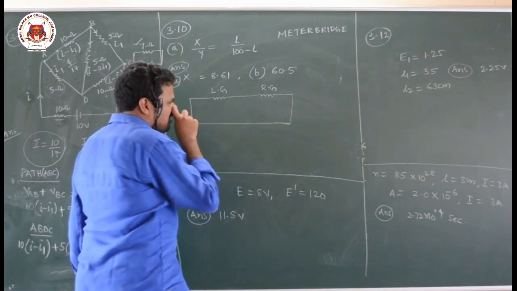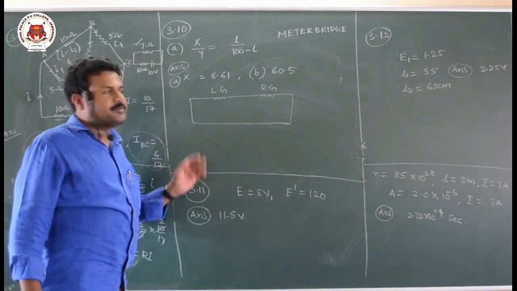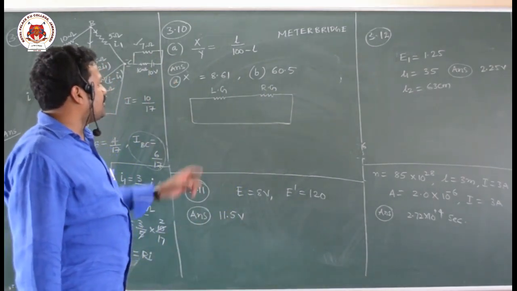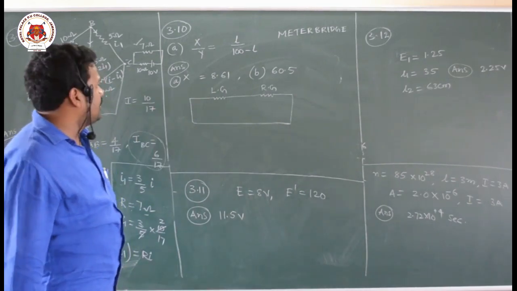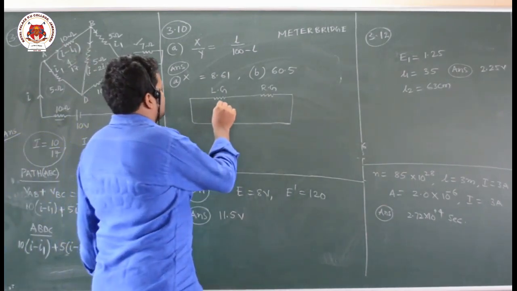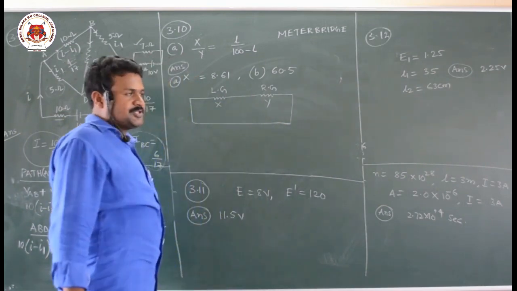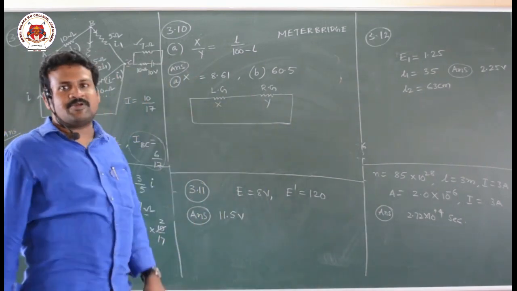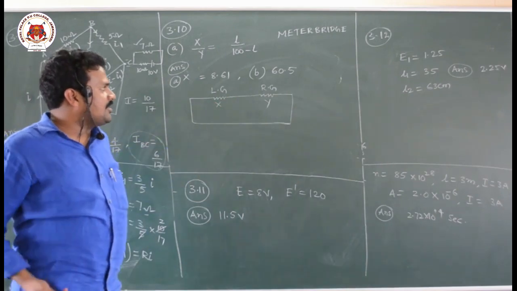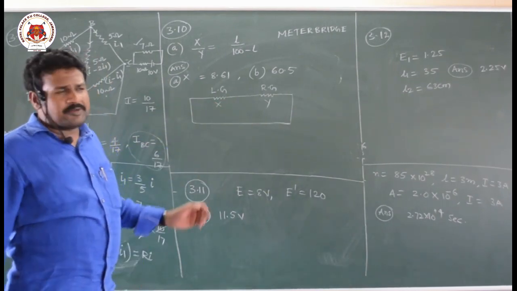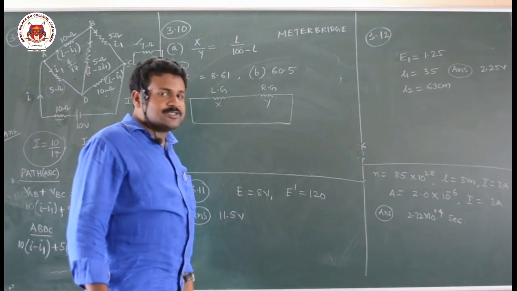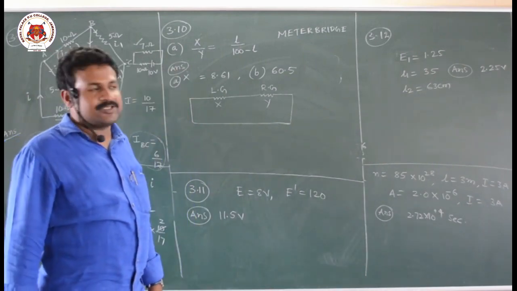A galvanometer will be there as usual, but it is not required to draw the galvanometer for solving the problem. This is taken as X in your question, this is taken as Y. In the textbook also, the left gap is taken as X and the right gap as Y. Or you can remember it as left gap by right gap is equal to L by 100 minus L.